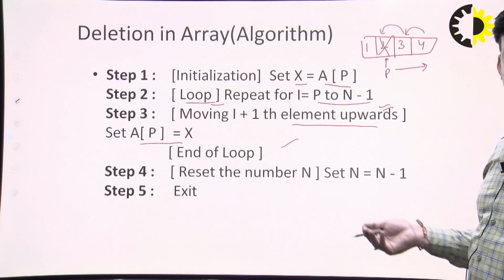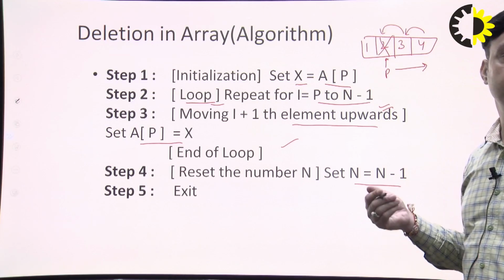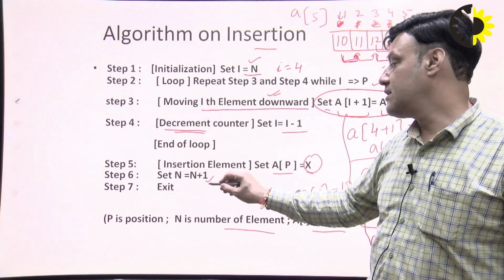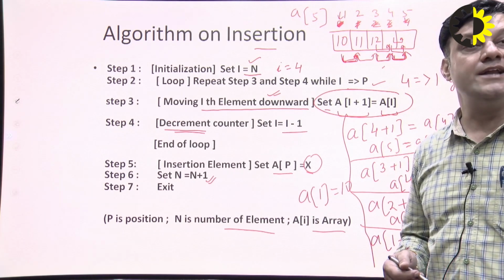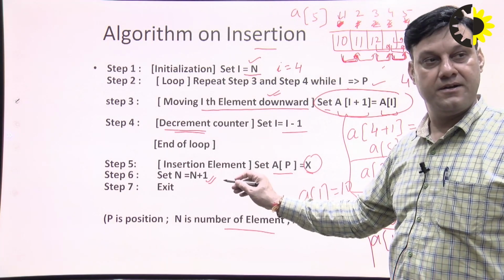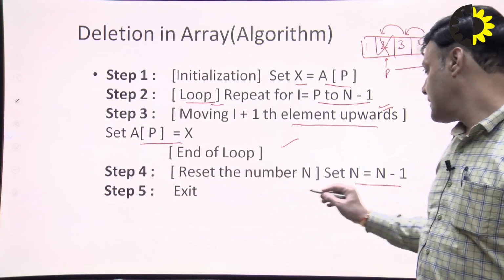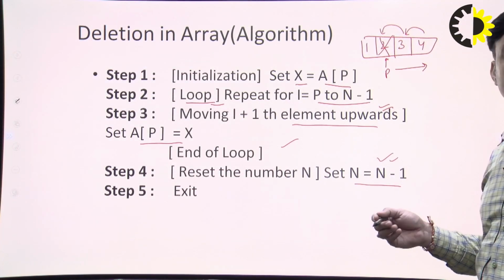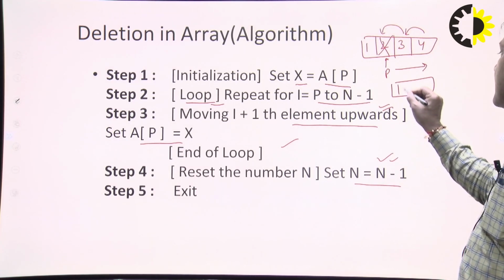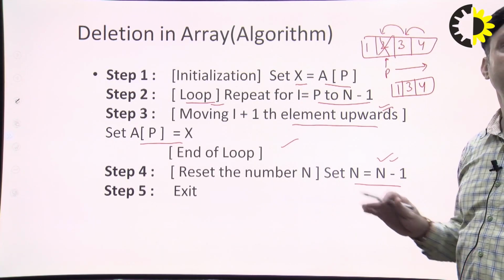Simple. Then reset the number n: n is equal to n minus 1. And in case of insertion, how do we reset? n is equal to n plus 1. Here the size is increasing, n is equal to n plus 1 after exiting the loop, but here the size is decreasing, n is equal to n minus 1. Now the size will become 1, 3, 4 like this. So this is the deletion in array algorithm.